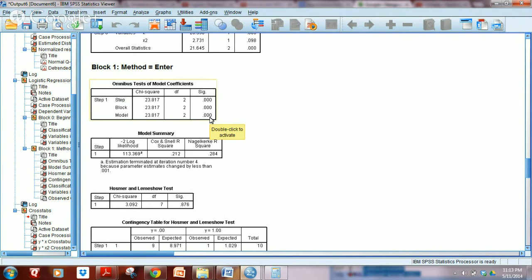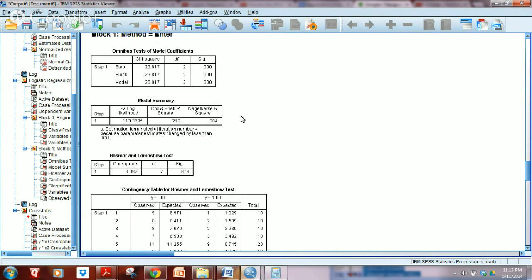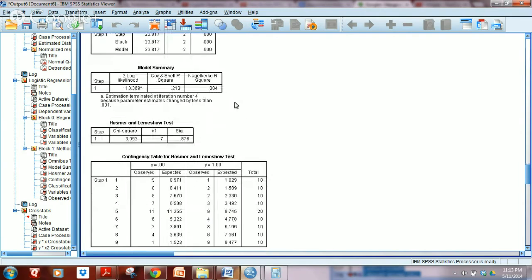And we're testing the hypothesis that the independent variables have some ability to predict our dependent variable. And since the chi-square value is statistically significant, we can feel confident in saying that there's at least something worth looking at with our independent variables. So we're going to take a closer look further down. In our model summary, and I'm just going to butcher the names of all of these things.